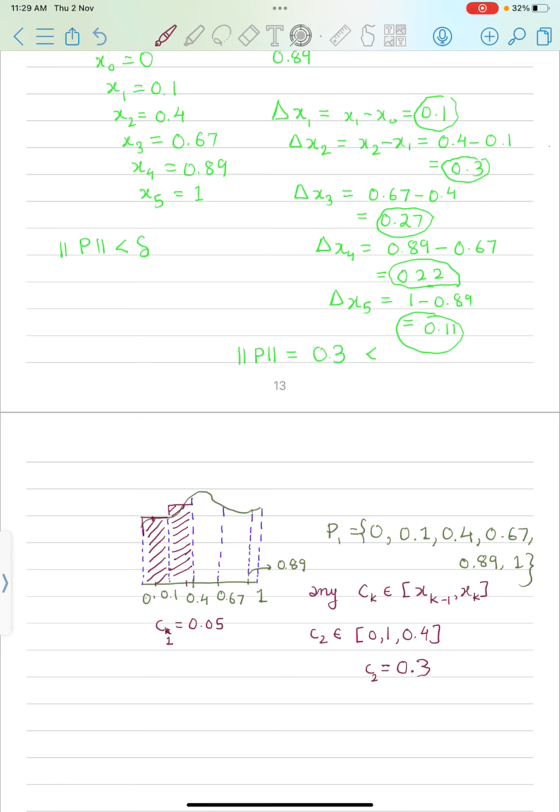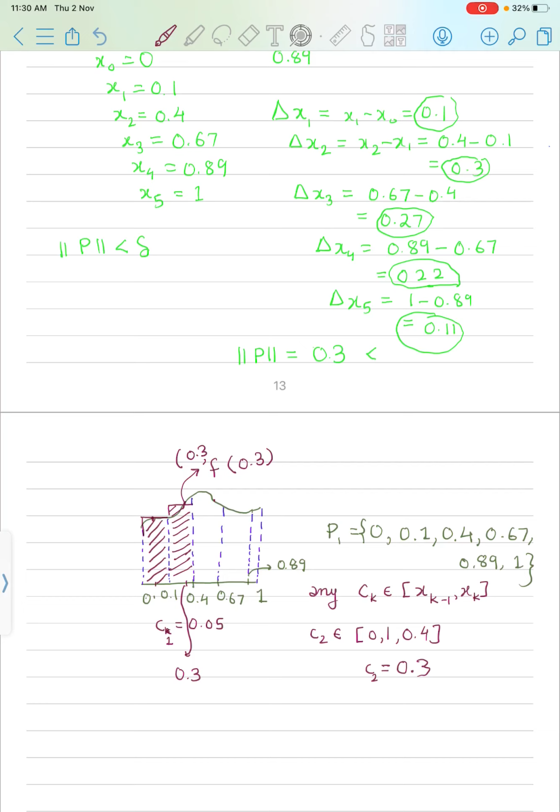This is my 0.3 value here, so this height is actually f of 0.3, and the x coordinate is this one. So here we are choosing this triangle. Similarly, you can choose other things.